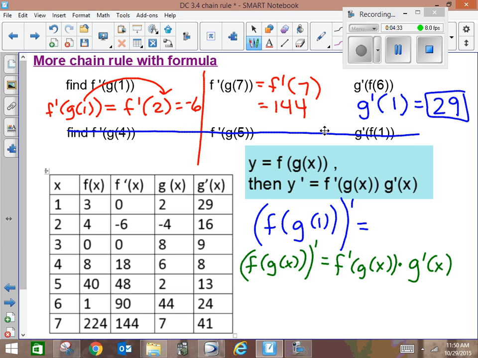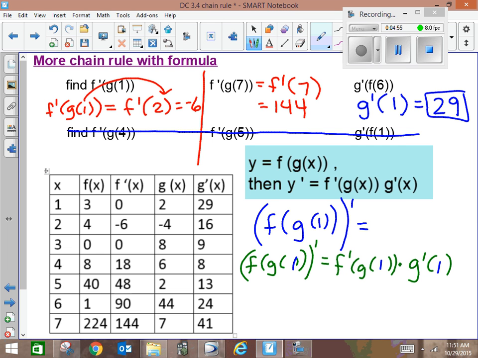That's just the formula, okay? Now I'm going to go back, and so this is my memorized formula. Since I have a 1 here, I'm going to put my 1 in. 1 here, 1 here, 1 here. 1, 1, 1.